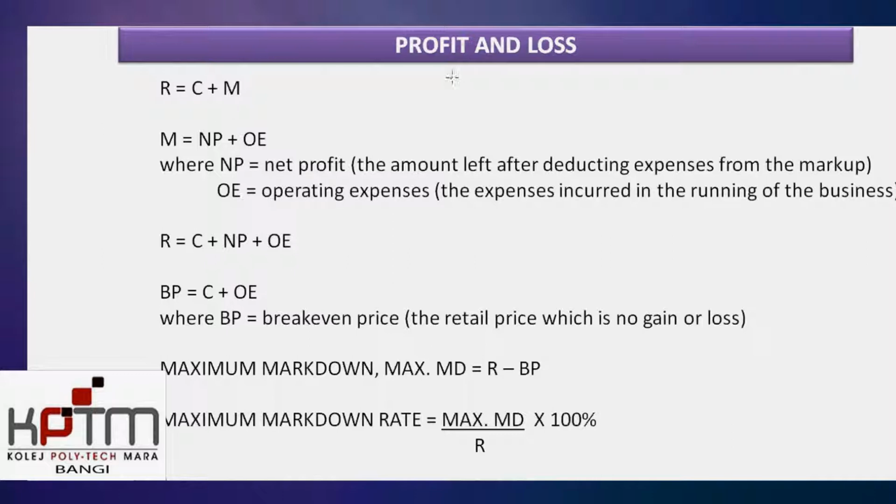In profit and loss, markup is also known as NP plus OE. NP is the net profit and OE is operating expenses. Net profit is the amount left after deducting expenses from the markup, and operating expenses OE is the expenses incurred in the running of the business.